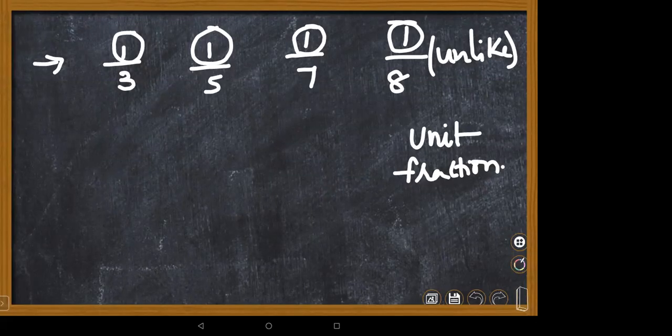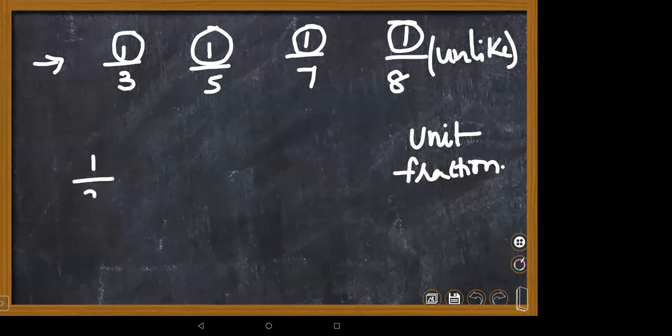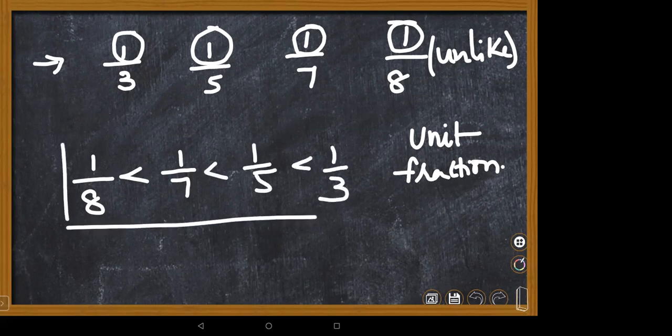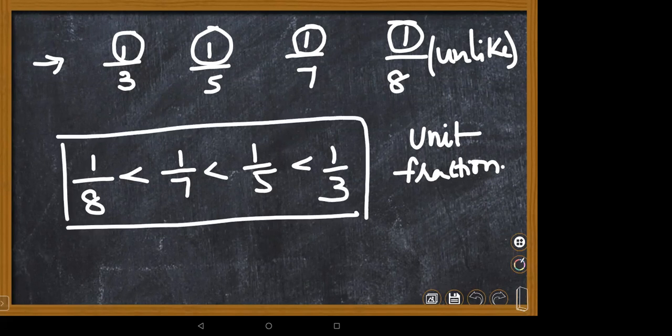So now which is the smallest here? 1 by 8. Then 1 by 7. Then 1 by 5. And then 1 by 3. This is about your unit fractions. This is also an important point you have to remember. These are the basic things when you are doing this.